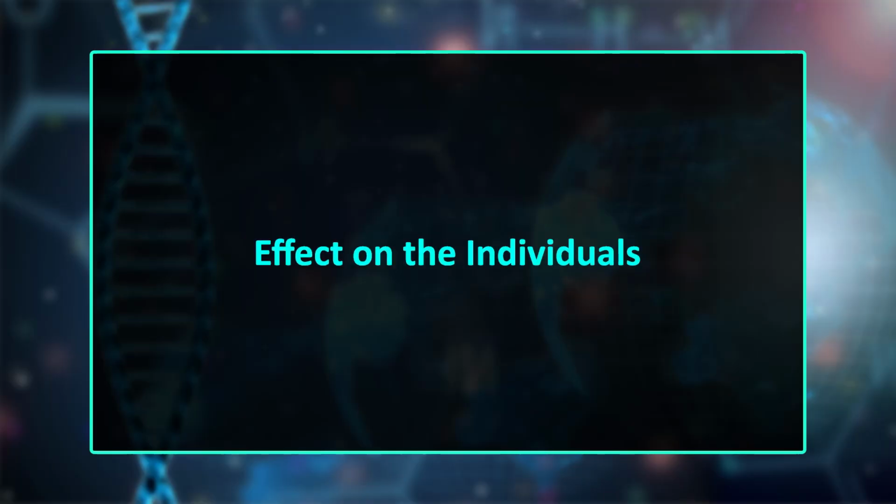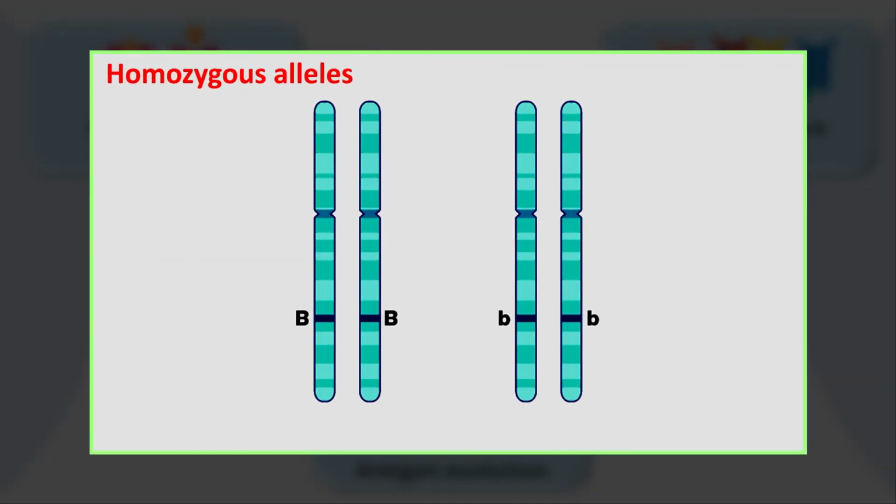1. Effect on the individuals. Genetic variation or its deficiency within individuals can affect their survival and reproducibility. In diploid organisms, when both copies of a gene are identical, that is homozygous at that gene or that locus or position, the expression of that gene may include traits that are less beneficial for survival or reproduction in particular circumstances.